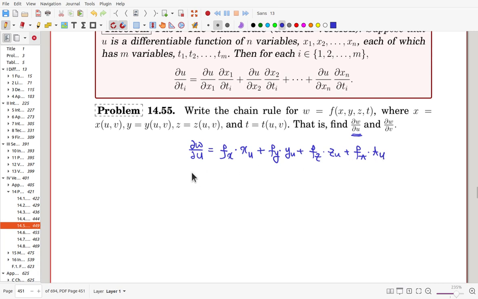And of course here, partial w over partial v, rather than u we use v, and that's the final answer. These are primary variables for f, and these are secondary variables.